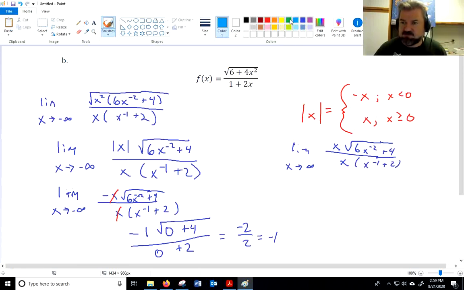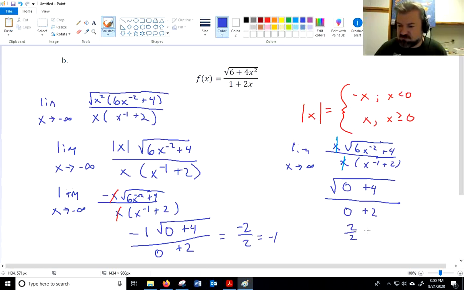That means these reduce to a positive 1. And I'm going to go ahead and plug in infinity now because I just got a 1. So that's 6 times infinity to a negative power. We know that's 0 plus 4 over 0 plus 2. So that's 4. The square root of 4 is 2. So this is 2 over 2, which is a positive 1.